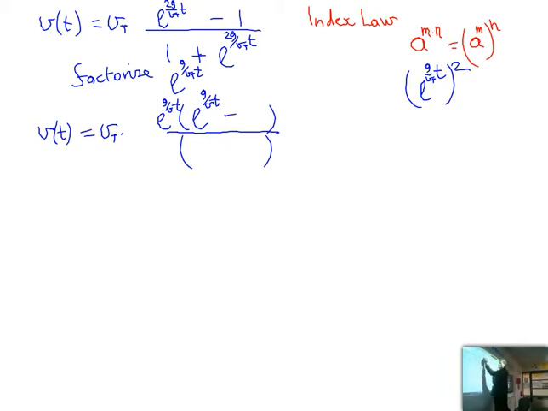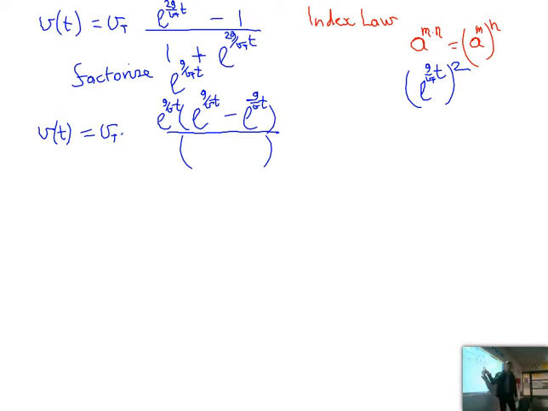So it'll be minus 1 divided by the exponential. I don't like writing it in fraction form, 1 over an exponential. What's another way I could write that exponential with a different power? Negative power, very good. So it's e to the power of negative g on terminal velocity times time. Okay?